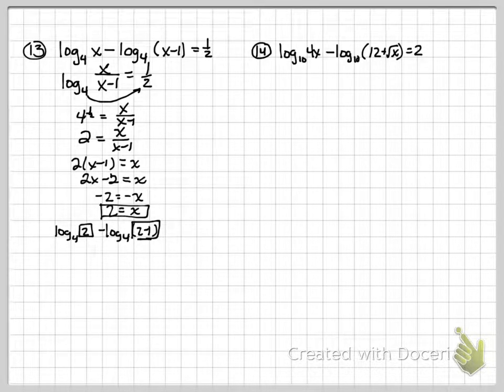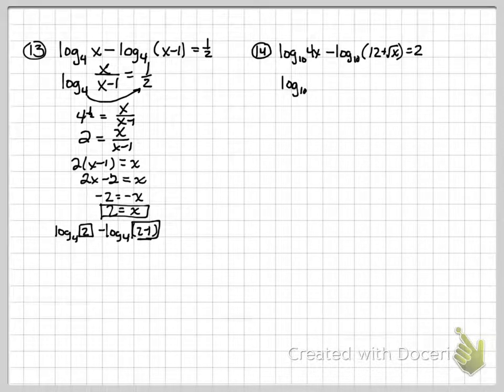Okay, so hopefully you've grabbed your calculator, and we're on number 14, and I've taken the liberty to write the problem down. The first thing we need to do is condense our log problem here to a single log. And I'm going to say the log base 10 of 4x, that's not an x.